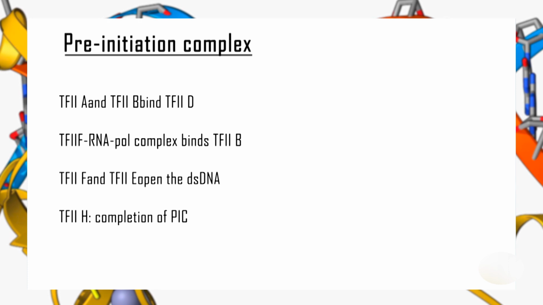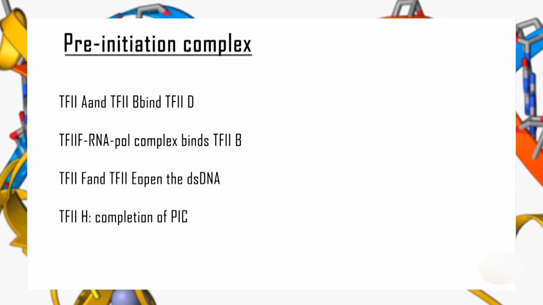Phosphorylation of RNA polymerase II: TFIIH has protein kinase activity to phosphorylate the CTD of RNA polymerase II. The CTD is the C-terminal domain of RNA polymerase II.